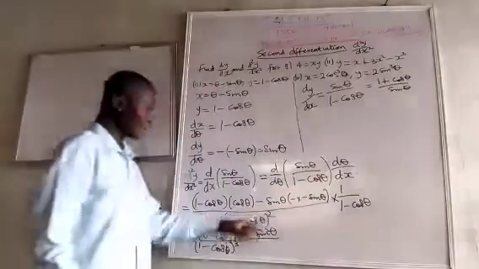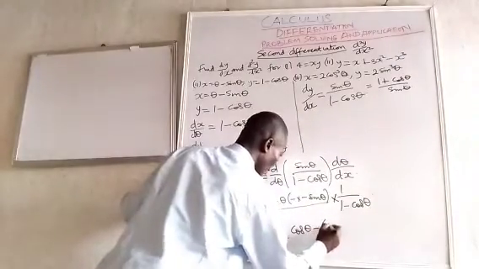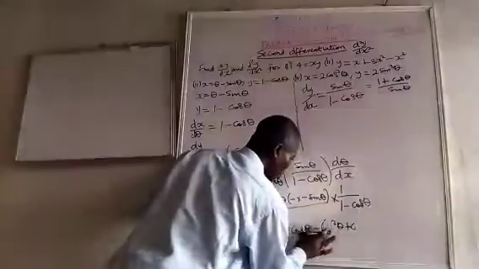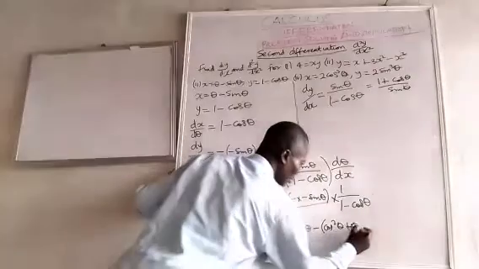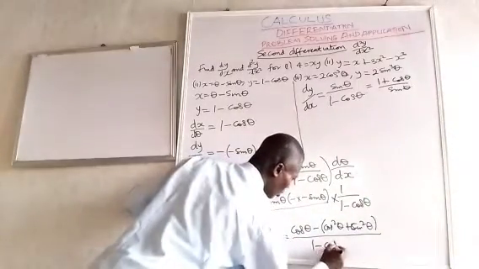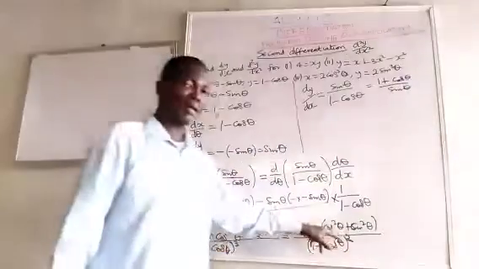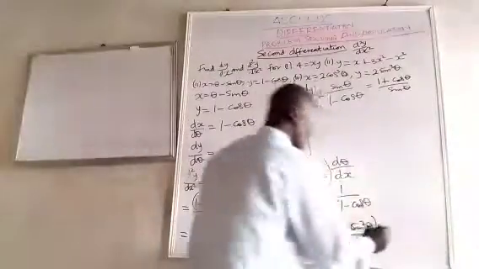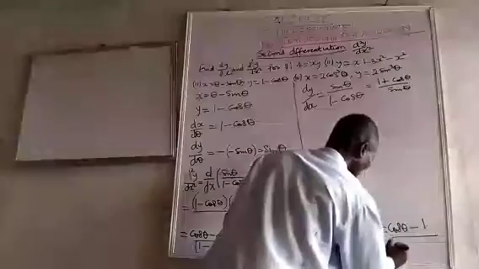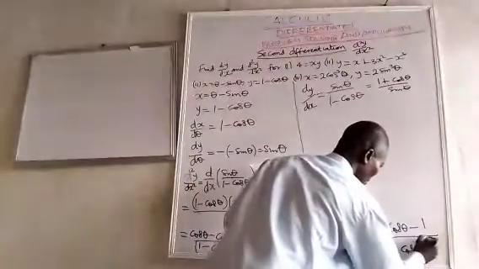This one multiplied by this. So I'm going to have cos theta minus cos squared theta plus sine squared theta over 1 minus cos theta cube. And you know that from our trigonometric identity, this is 1. So I'm going to have cos theta minus 1 over 1 minus cos theta all cube.